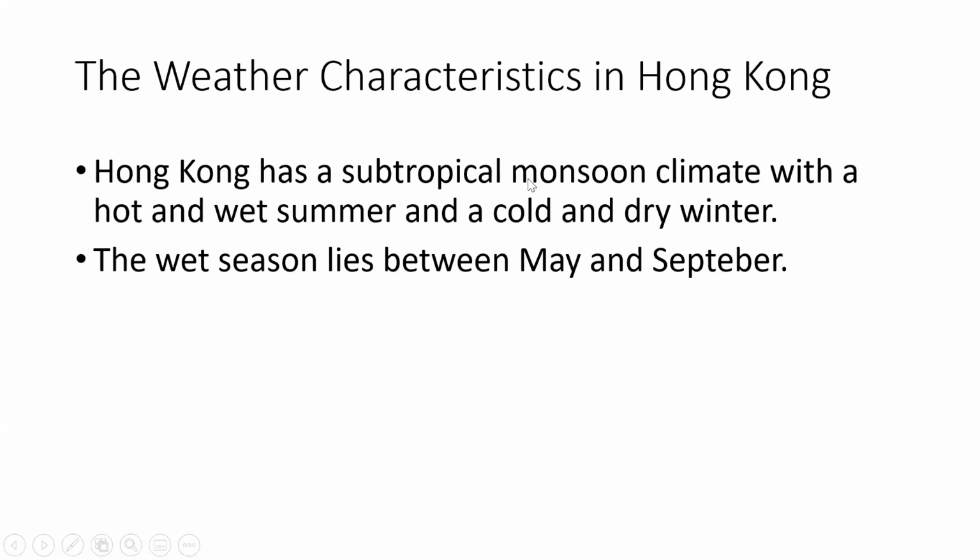Monsoon, 季候風, with a hot and wet summer. Hong Kong has a hot and wet summer, but a cold and dry winter. And then the wet season is between May and September. Let's look at the weather chart.